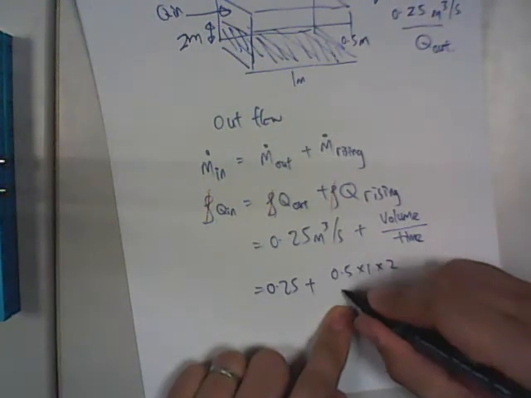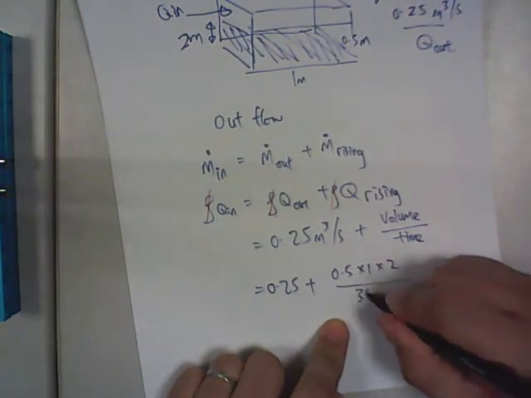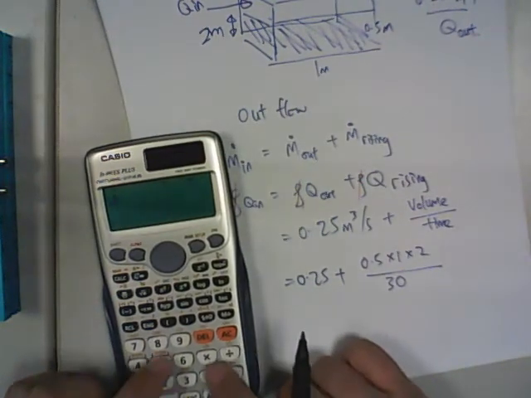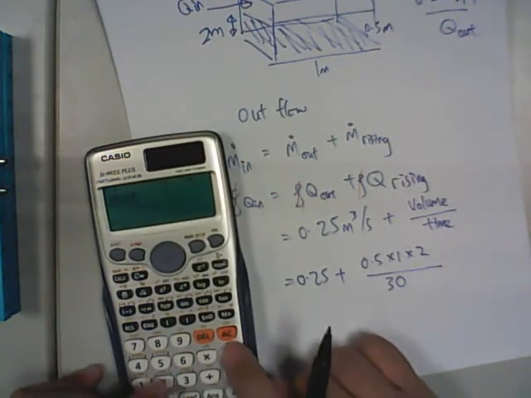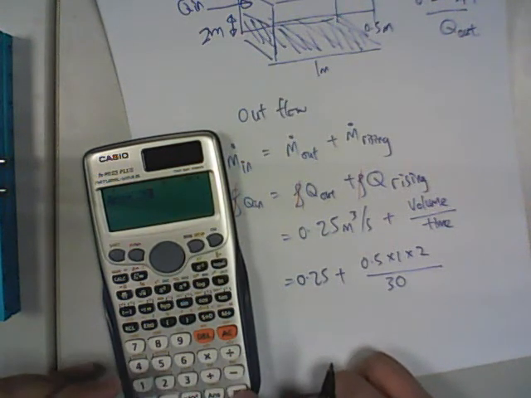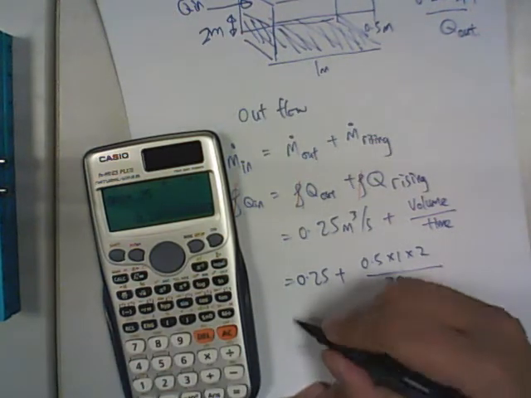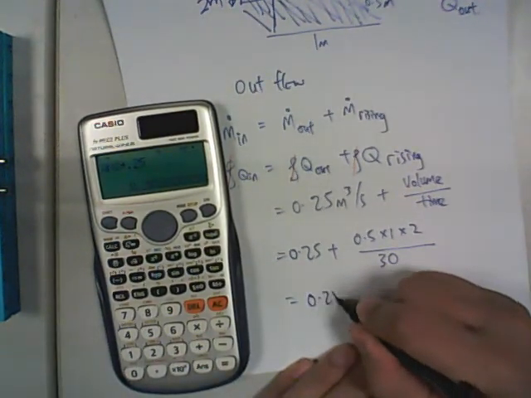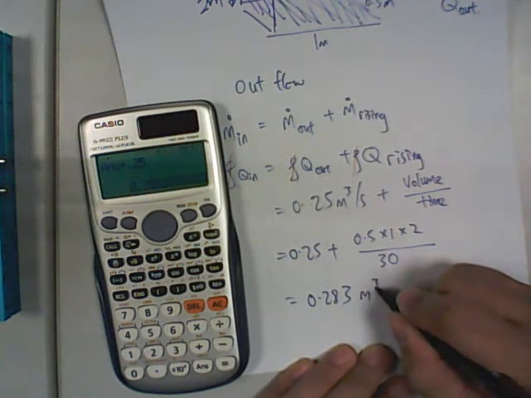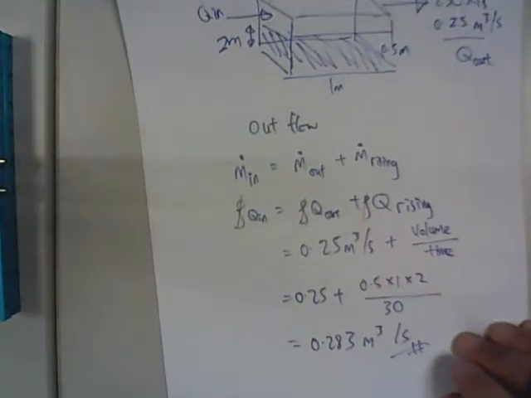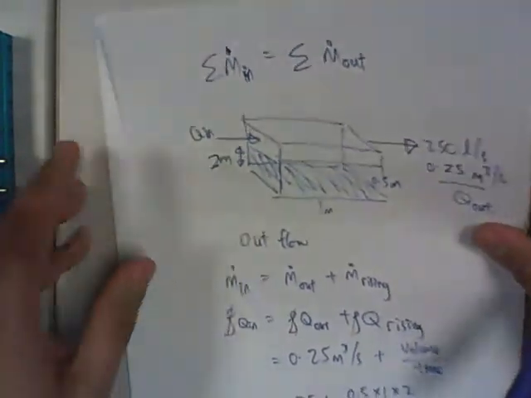So half times 1 times 2 is the volume over 30 seconds. Your answer should be 0.5 times 2 divided by 30 plus that 0.25 that's going out. So the total volume flow rate is 0.283 meter cube per second. So this is example 1-13.